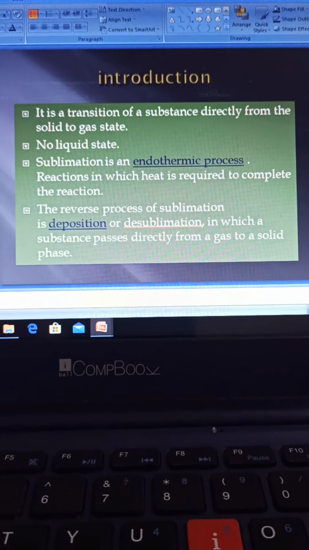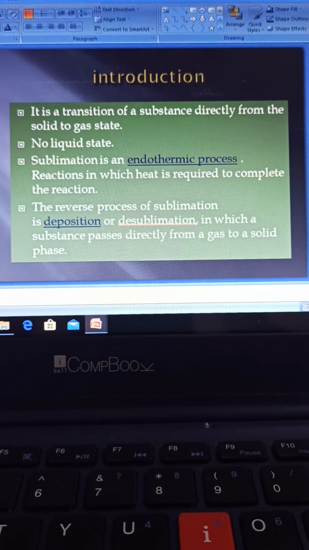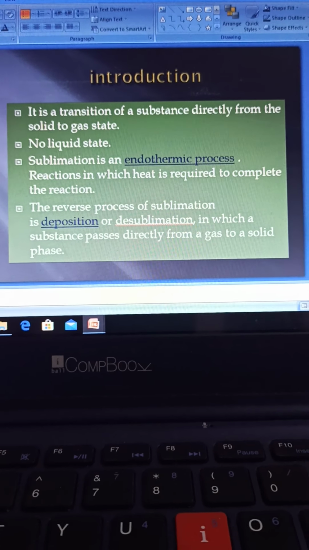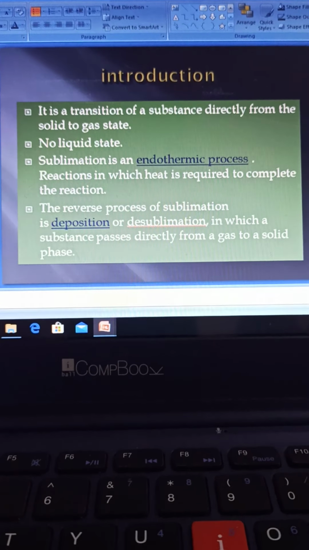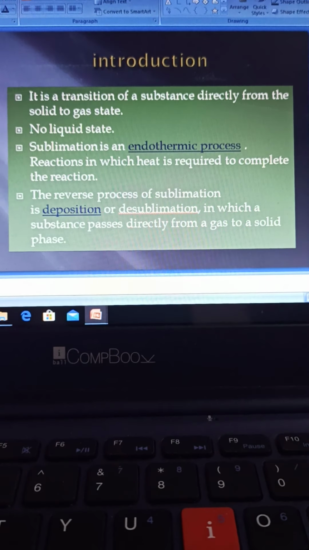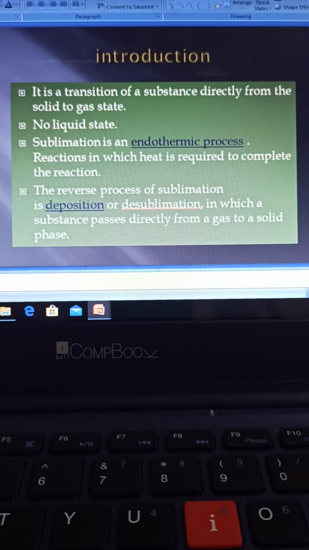Now what is endothermic? Generally there are two types of processes that take place in chemical reactions. One is endothermic, the second one is exothermic. Endo means insertion, or I can say adding of energy. Thermic means energy.